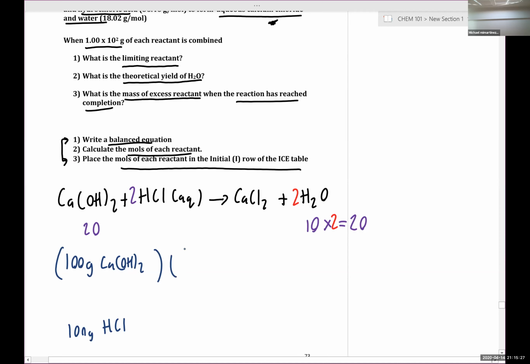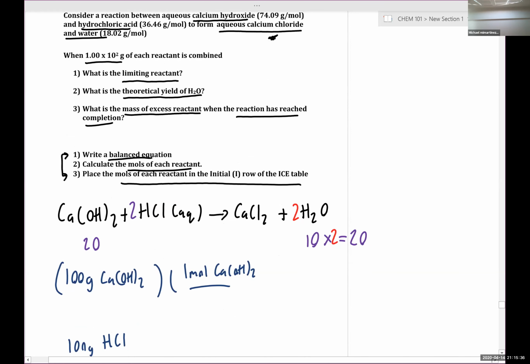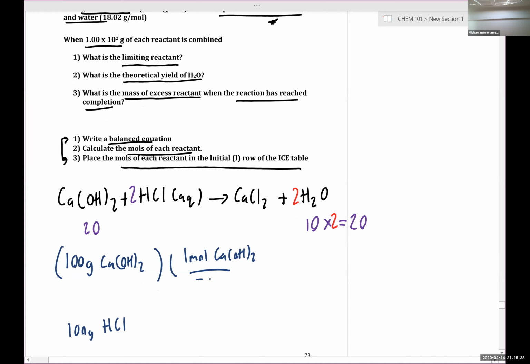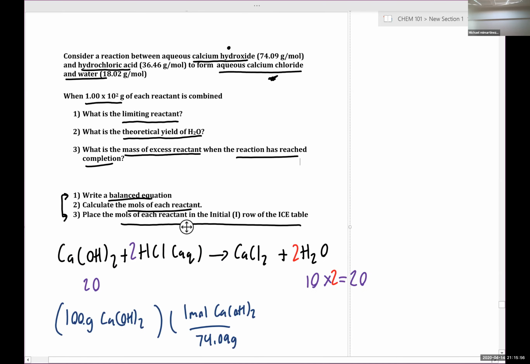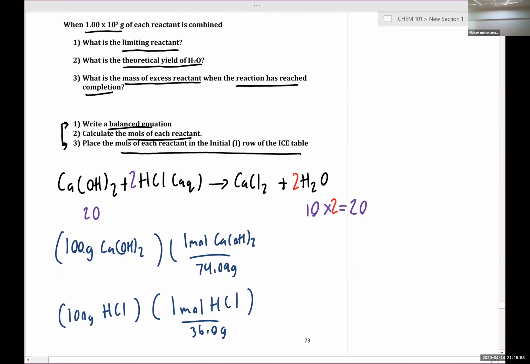So we know that in 1 mole of calcium hydroxide, we have a total of 74.09 grams. We also know that for every 1 mole of hydrochloric acid, we have 36.0 grams. Let me check. 36.46.